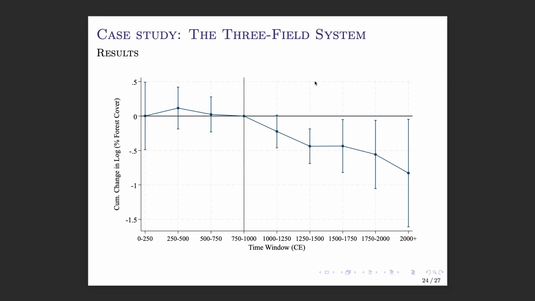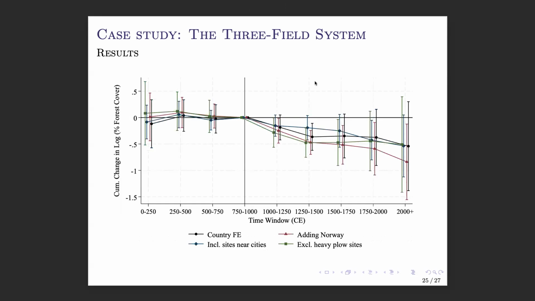I'll now overlay on this some of the robustness checks that I do, which I think are important and interesting. They paint a qualitatively and even quantitatively similar picture. So I add Norway because there's some literature documenting Norway's exposure to the three-field system. I restrict, in the blue, to sites that are near cities to think about sites that are particularly exposed to trade.